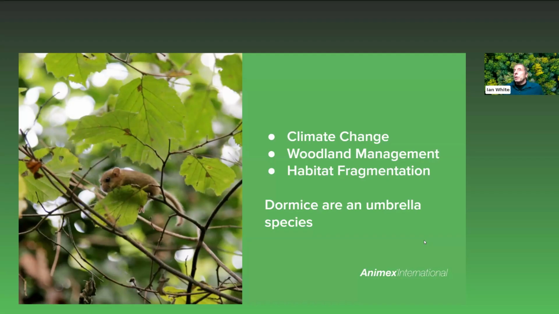That connectivity has broken down over time, and it's certainly not getting any better. And obviously, what we're talking about today, we can potentially make a difference to the habitat fragmentation and improve that using artificial means. Next slide, please.